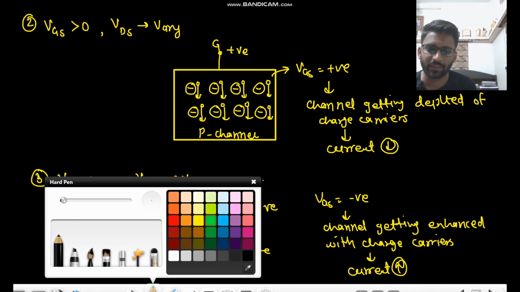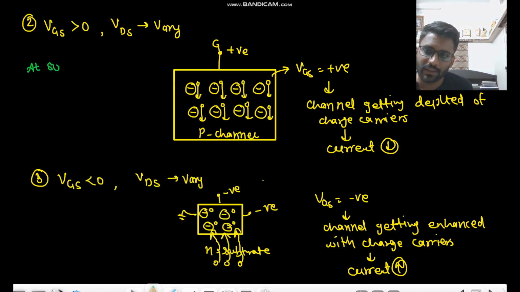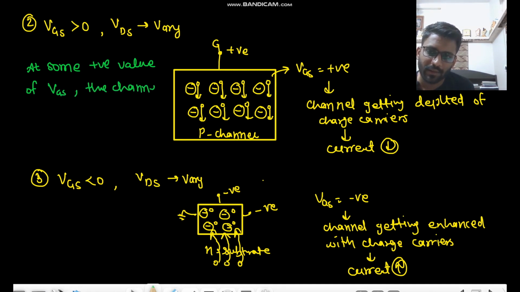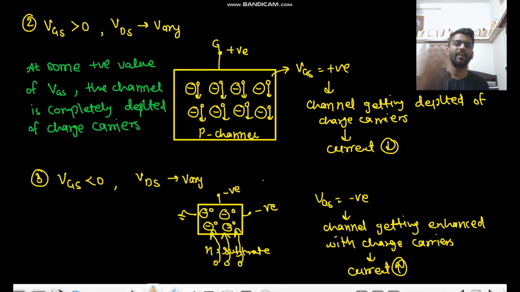At some positive value of VGS, the channel will be completely depleted of charge carriers, and the current becomes 0.